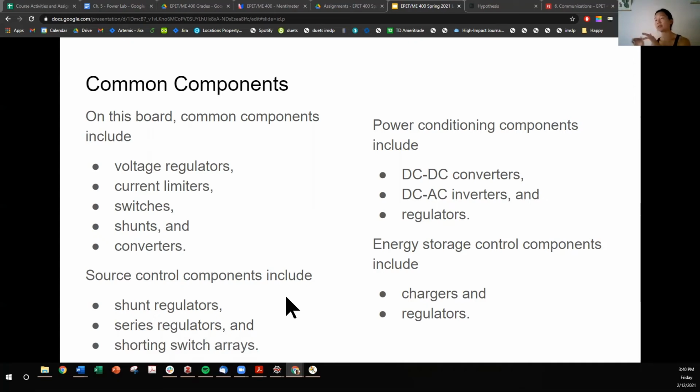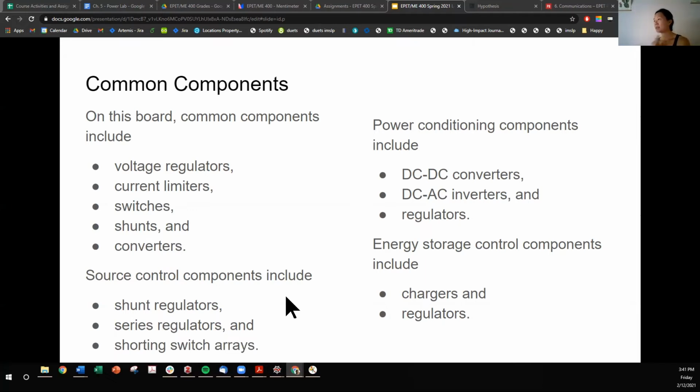If you want to keep a component with some incoming voltage steady, then that series regulator will help you. And then we've got shorting switch arrays, arrays where you have toggling between on-off for different components.